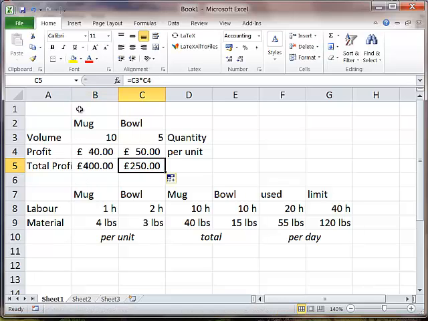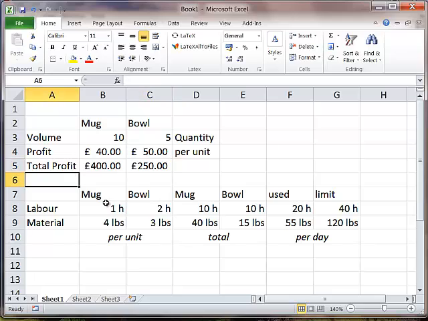Makes sense. The sum of this is what we would like to actually maximize, that's our objective, to maximize this profit.